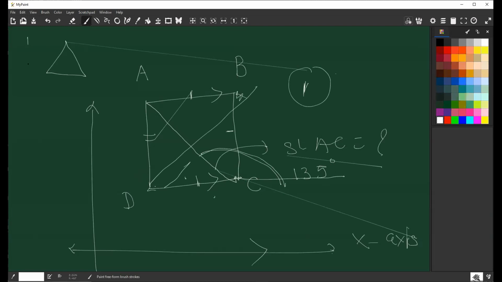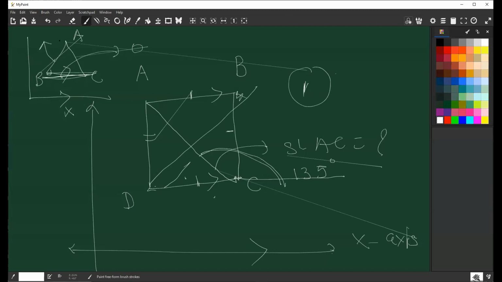Similarly, if I give you an equilateral triangle ABC, this is parallel to the x-axis. What will be the slope of BC? 0, that's the right answer.